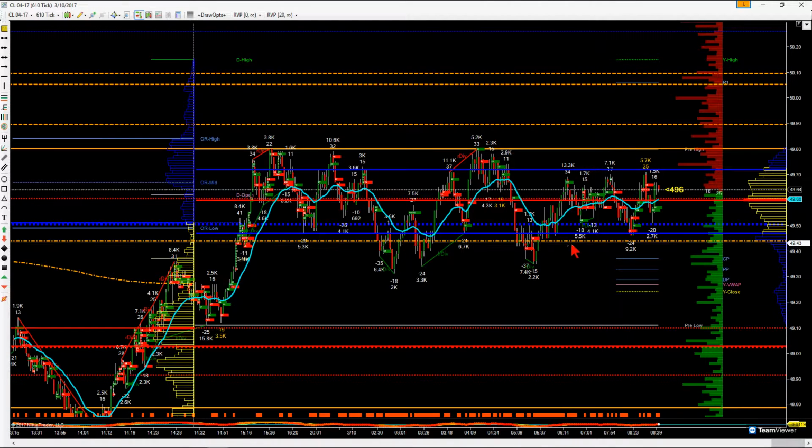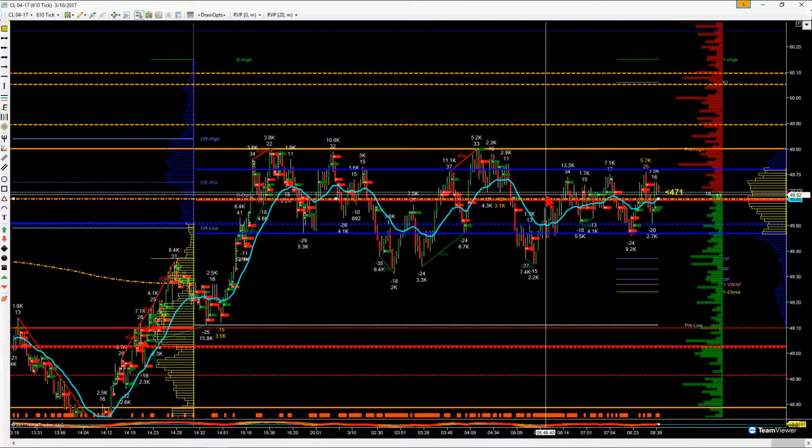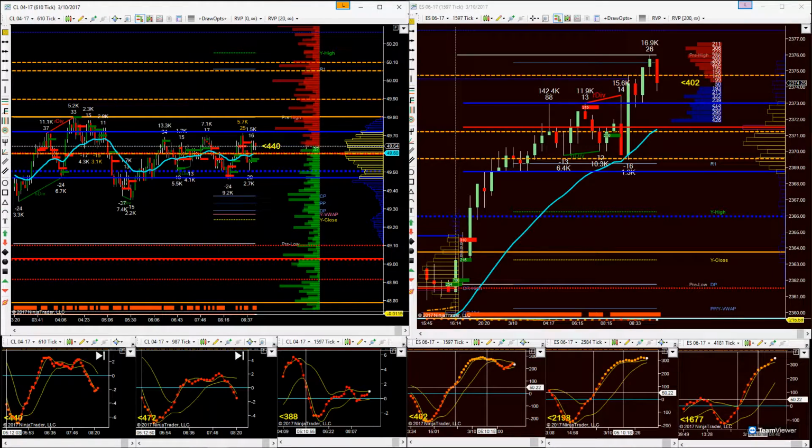Okay, and then lastly, we are going to mark off overnight VPOC. All right, that gives us all the levels that we want on our homework chart. So let's bring that over.